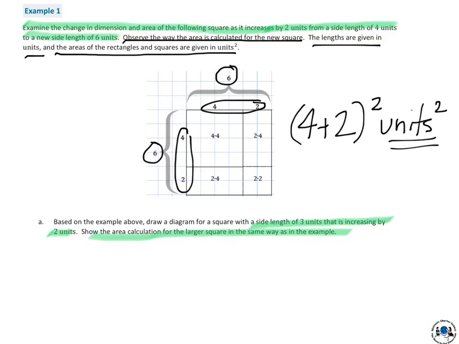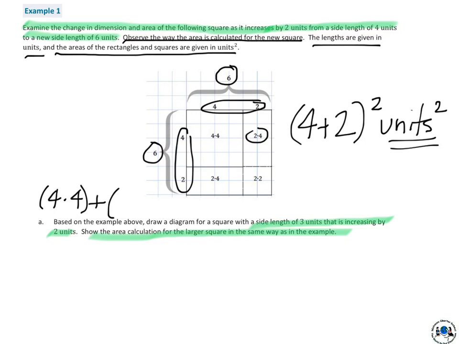We could also do it as the sum of all of those different subsections. So we could have it as 4 times 4 plus 4 times 2.